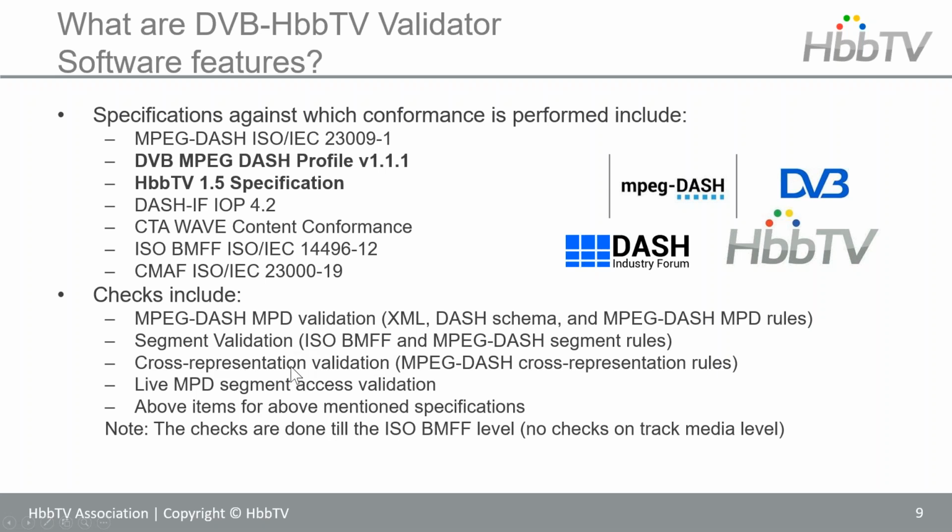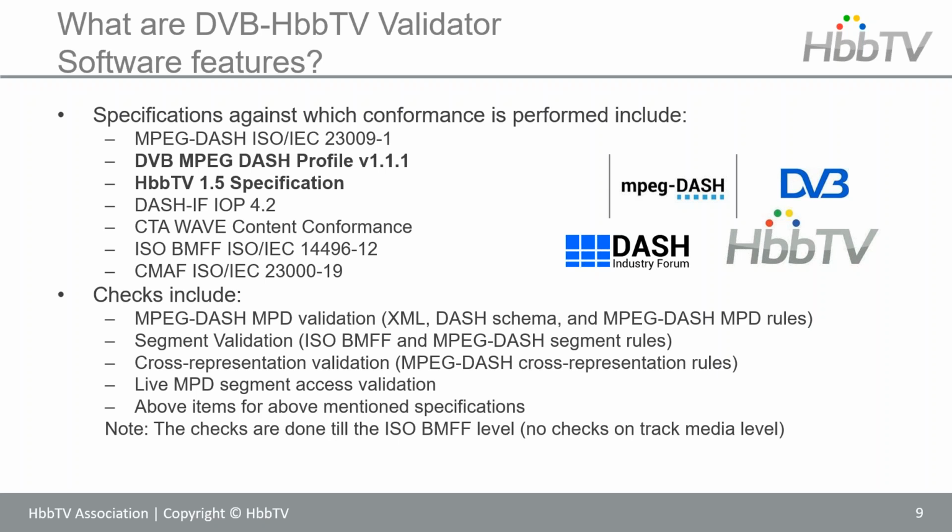Cross-representation validation. So each MP4 file or the segments are checked on their own, but not just that. If you have multiple representations, for example, in an adaptation set, this tool will compare the timing and the metadata in the individual representations against each other, for example if the segments have aligned start times, and so on and so forth.